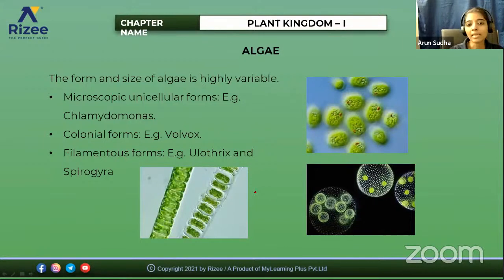So the form and size of algae is highly variable. That is, they range from microscopic unicellular forms. So actually we saw that in the kingdom Plantae, all are multicellular, but there are some exceptions like unicellular algae, like Chlamydomonas. Chlamydomonas is one of the examples, and then Acetabularia. So the algae actually varies from unicellular to multicellular.